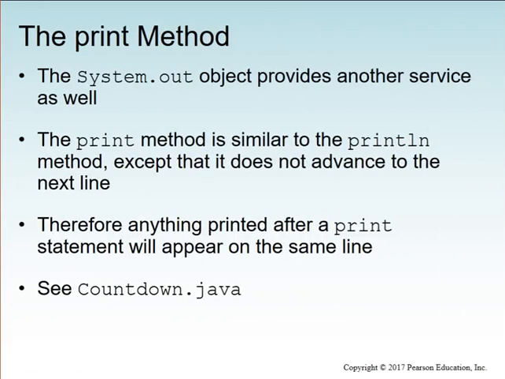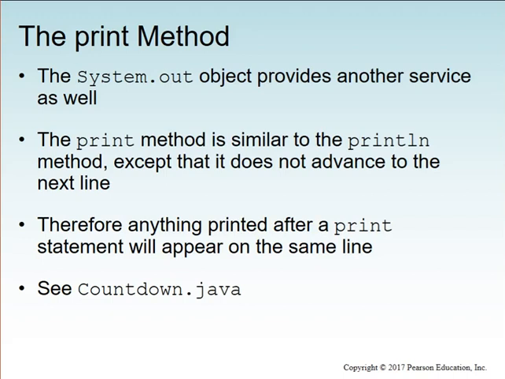The other thing that we can have is a method called print, and this is what System.out provides. It's very similar to the println from the previous slide, except that it does one different thing. It doesn't advance the cursor to the next line after invoking the method.